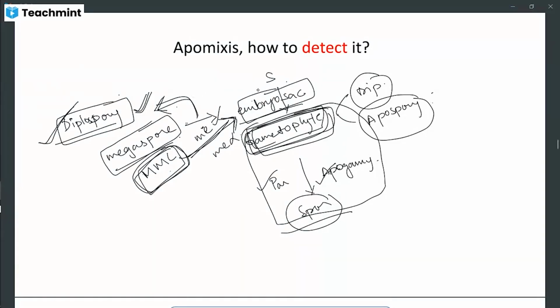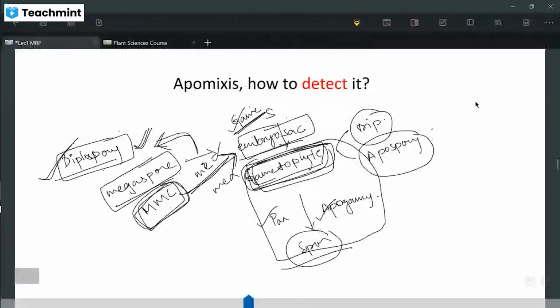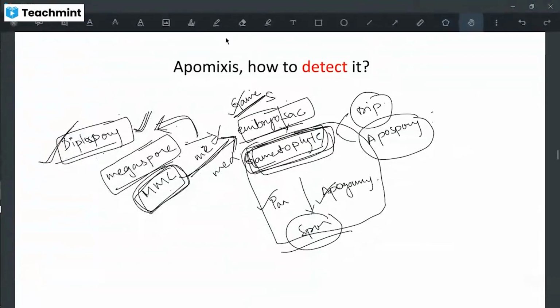And we can also say that diplospory also ends with the gametophytic stage. Okay, so is it clear? Hope it is clear. And now we will discuss the techniques of how we can detect apomixis in crop plants.